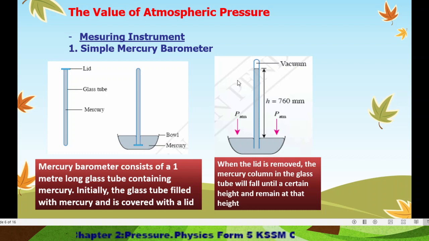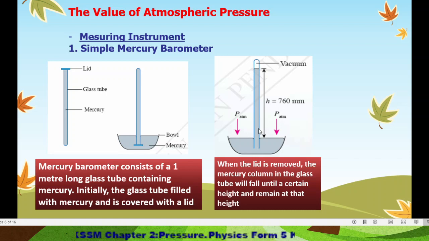So this is exactly what happened. The mercury will drop in the tube to fill up the bowl, and then you can see it will fall to a certain height. For example, here 760 millimeter, and then stop here. Okay, the space here is vacuum.